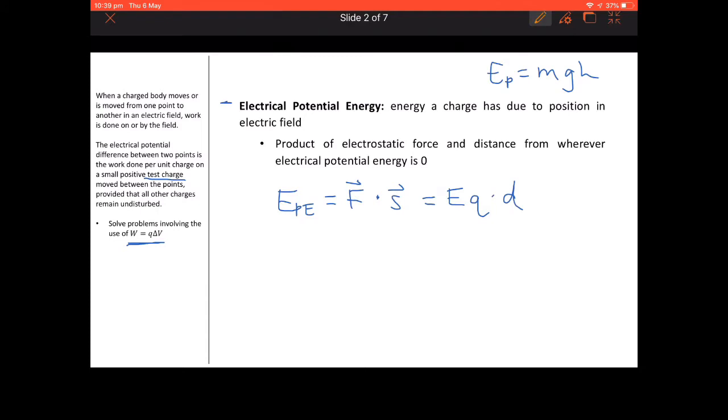You might remember this from last year, because work is equal to the product of force times displacement, and work is also equal to the change in energy. So there might be a little bit of familiarity there.